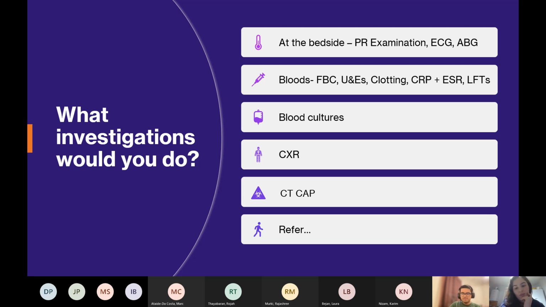So one thing that I'd also forgotten, which is very important, and they'll say no abdominal examination is complete without a PR exam. For this gentleman, what sorts of things might we find on PR that would be of great concern to us and also helpful for the diagnosis? And then, so melena.